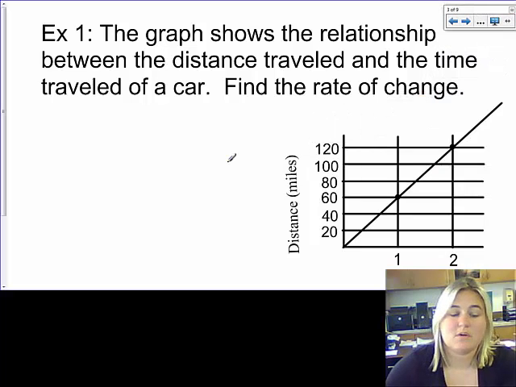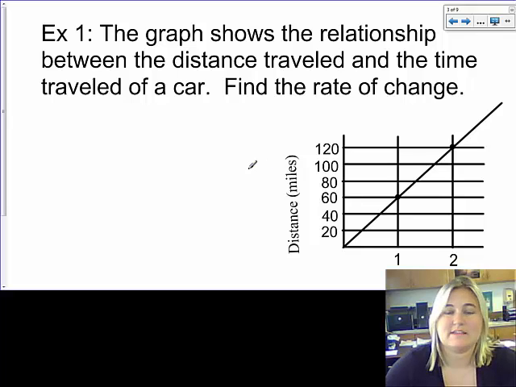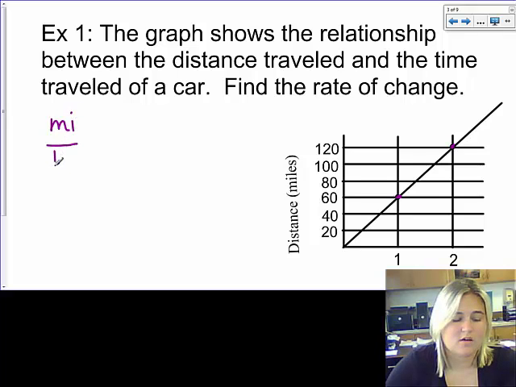In example 1, it says the graph shows the relationship between the distance traveled and the time traveled of a car. Find the rate of change. So we want to know the rate of change from this point right here to this point right here. I can see that we're talking about distance in miles and time in hours, so it would be a good idea to continue to use miles per hour.